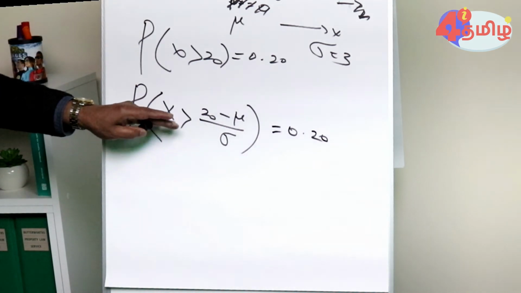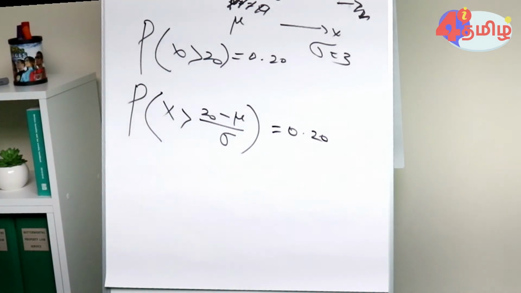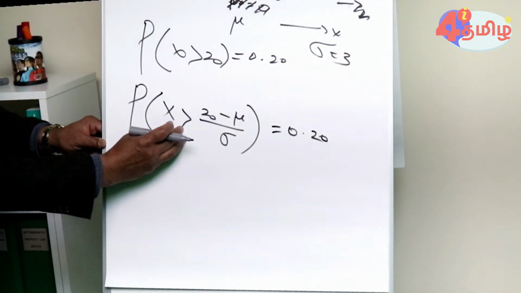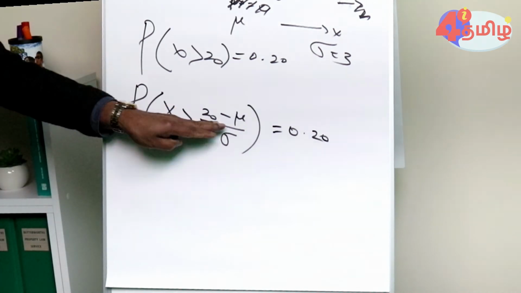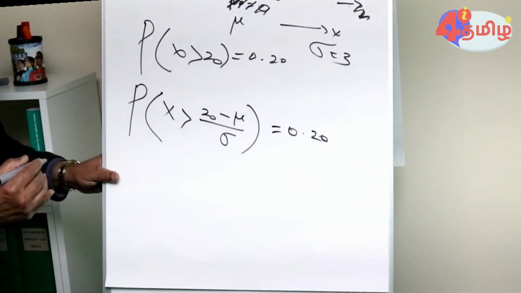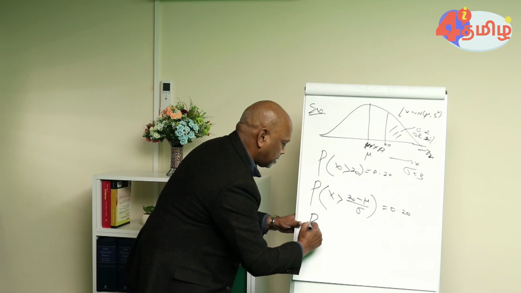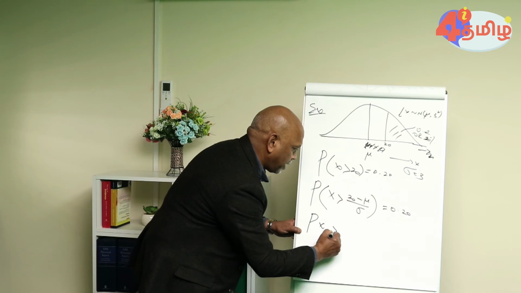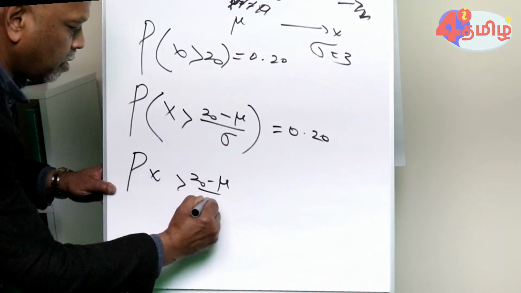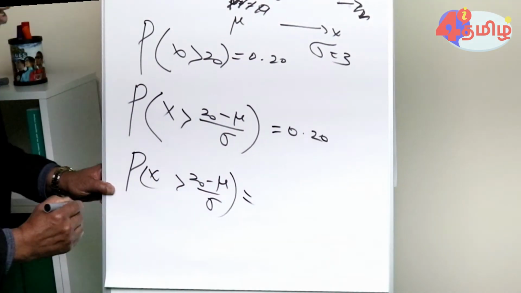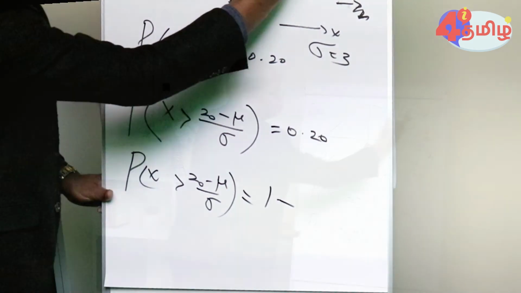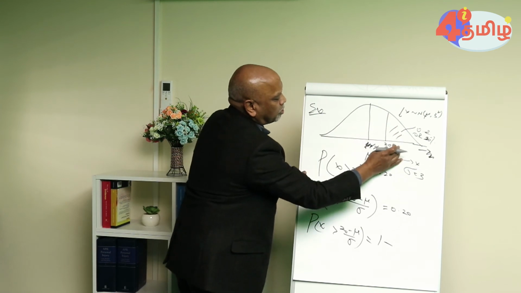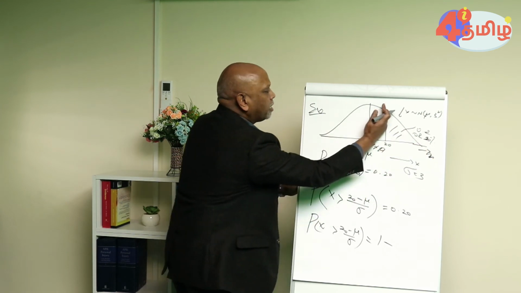When you come to calculate with the standard deviation, I have mentioned to you that we always need to convert into the form less than, whatever you have, less than. Is it confusing? So let's write this. How do you write it? Always P(X greater than 20 minus mu over standard deviation) equals 1 minus, because the whole thing is 1, instead of representing this one, I'm going to represent it as 1 minus the left-hand side.